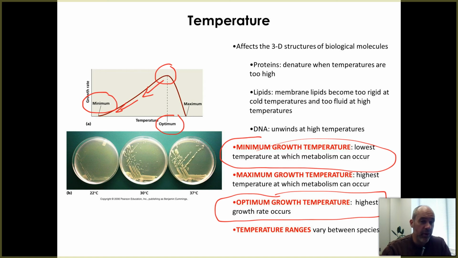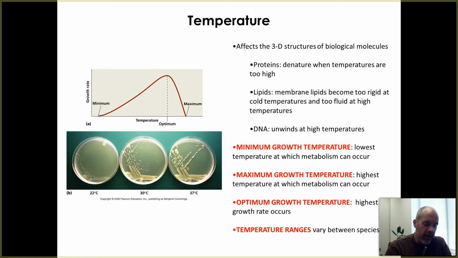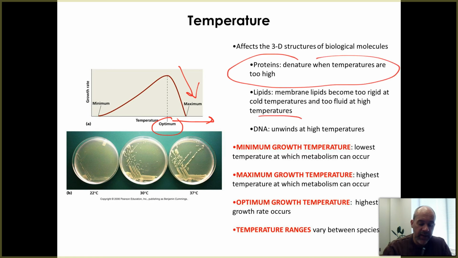So you're still getting some growth, but growth is very slow. On the flip side, if you go higher than optimal growth temperature, your growth rate pretty rapidly drops off. And what's happening there is proteins are denaturing, DNA may begin to unwind, lipids can become too fluid at higher temperatures.